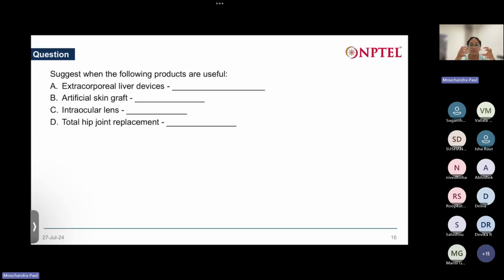And as you know, liver has many secretory properties as well, right? So the liver cells can secrete all the important useful products, and those products can diffuse out from that device. It is an artificial device designed to function for a short period of time. It is not a permanent solution. So in which patients would you think these extracorporeal liver devices would be useful?